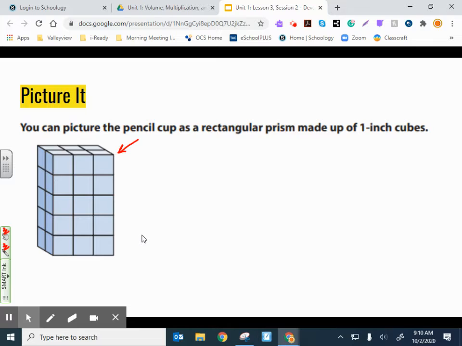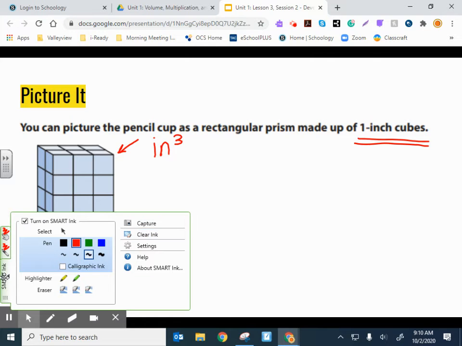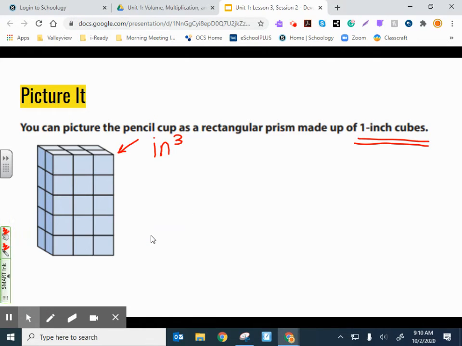And remember that these are 1 inch cubes. And that being said, we know our final answer will be in cubic inches. So you might even want to jot that down to remember that. So you can have all those cubes. That's one way of finding the volume. Count them up or find a layer and multiply the layer, whatever is working best for you.